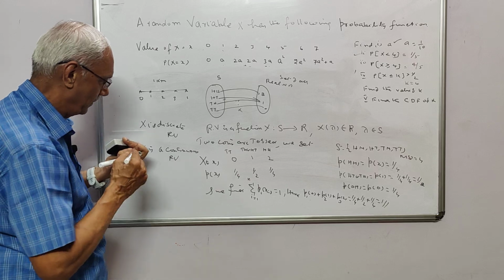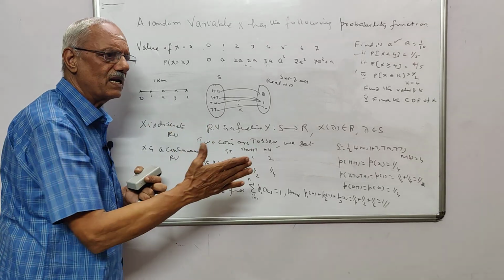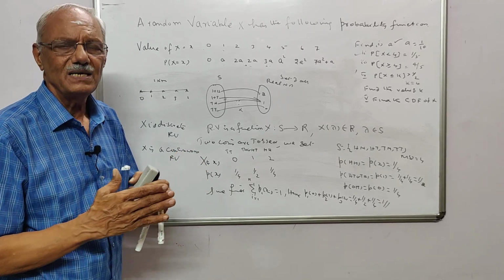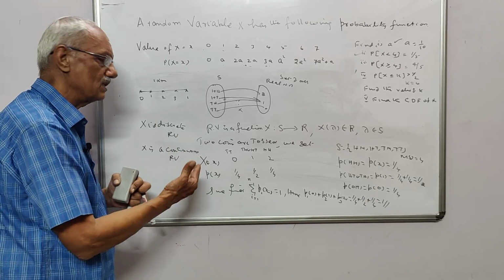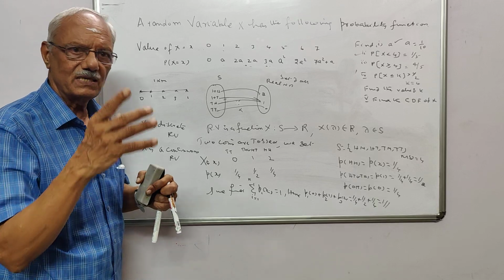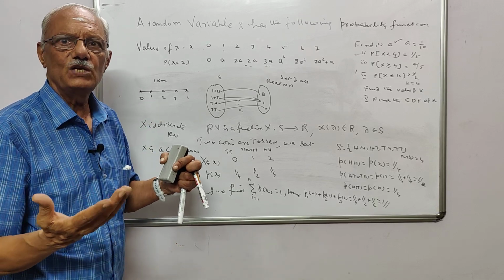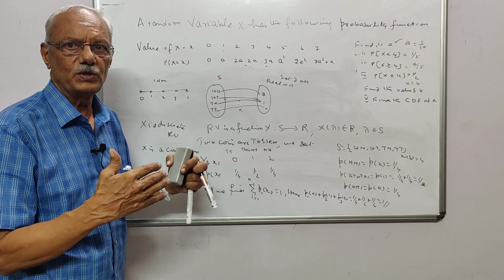If it is a discrete random variable, you go for algebraic summation. If it is a continuous random variable, it is an integral summation, which means use integration to get the sum of the probabilities.